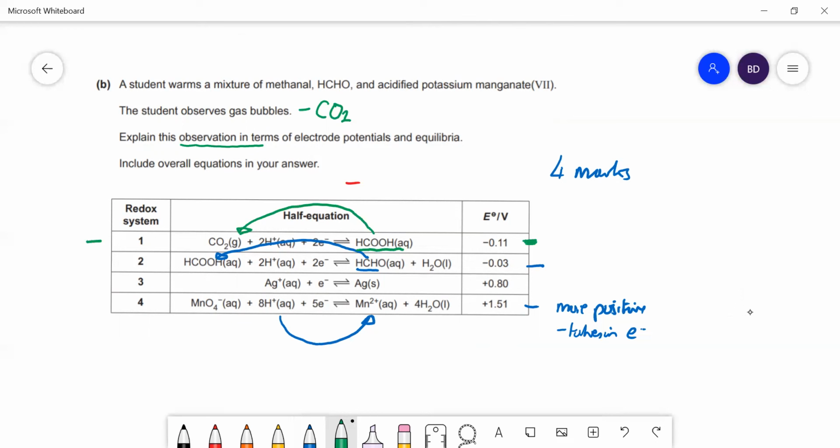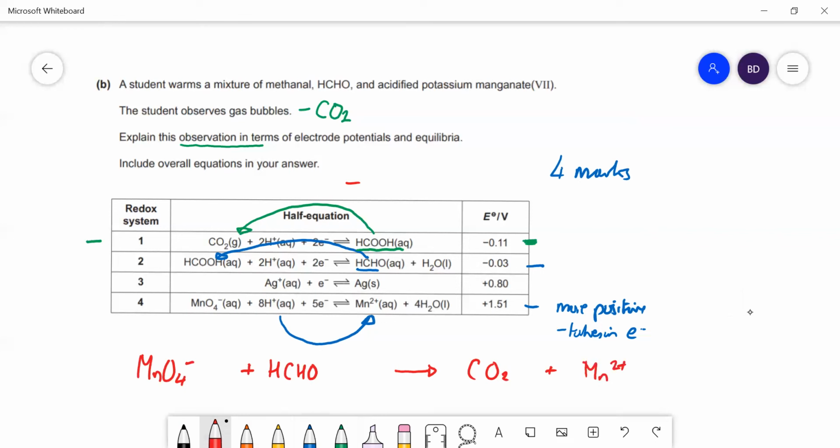Right, so we're going to have manganate, MnO4 minus, in the overall equation, and that is going to react with methanol to form carbon dioxide and Mn2 plus ions.